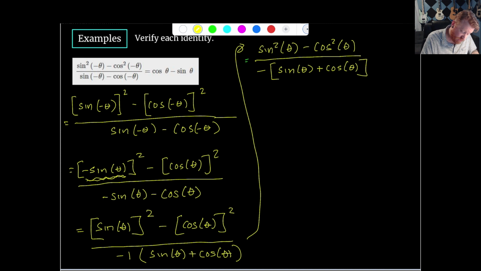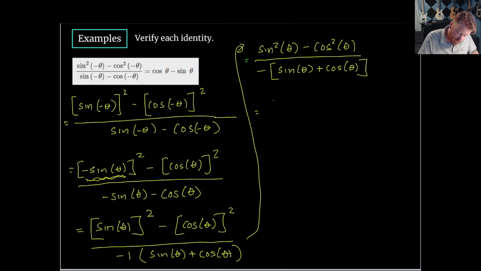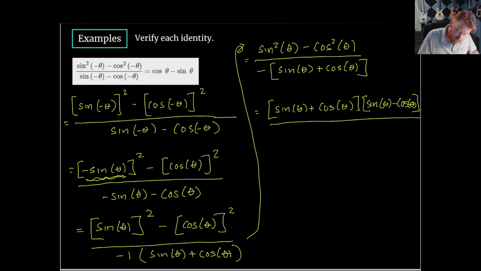Oops, let me switch back to yellow. The numerator is just sine theta plus cosine theta times sine theta minus cosine theta, and this is all over negative sine theta plus cosine theta.